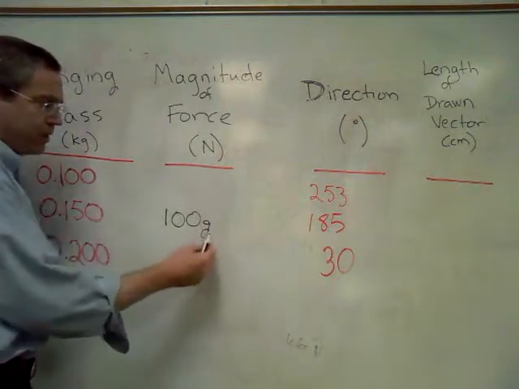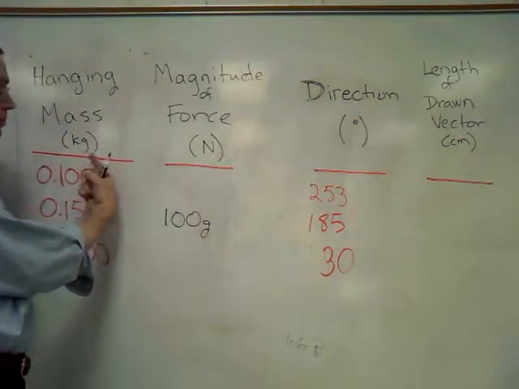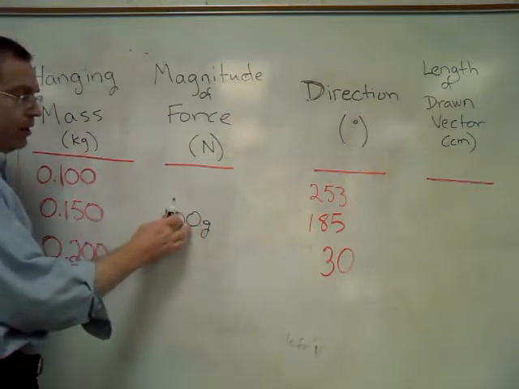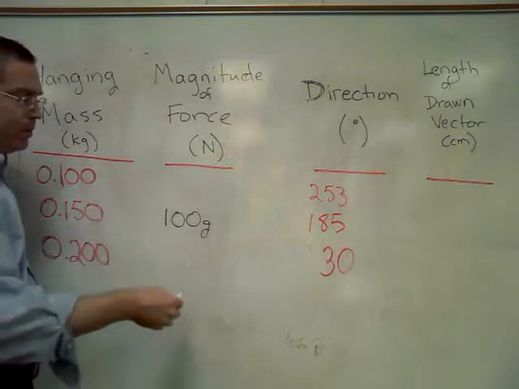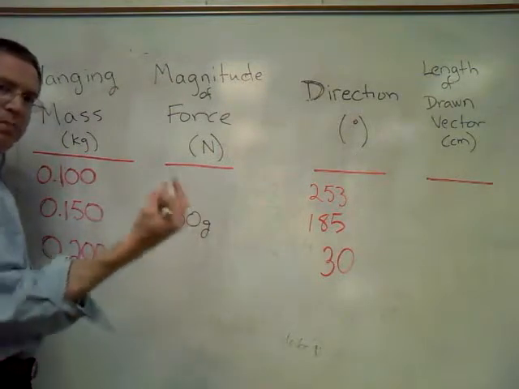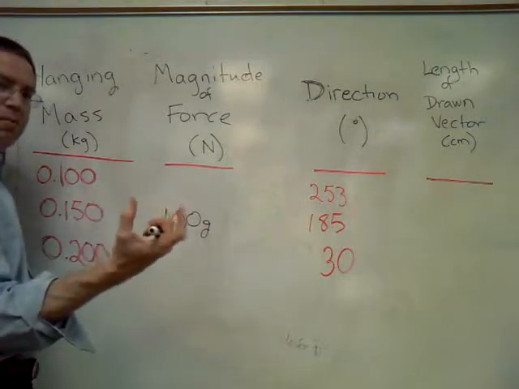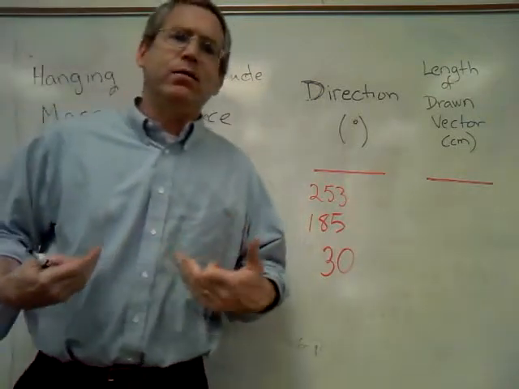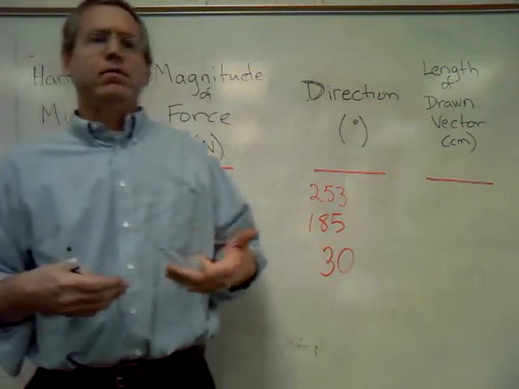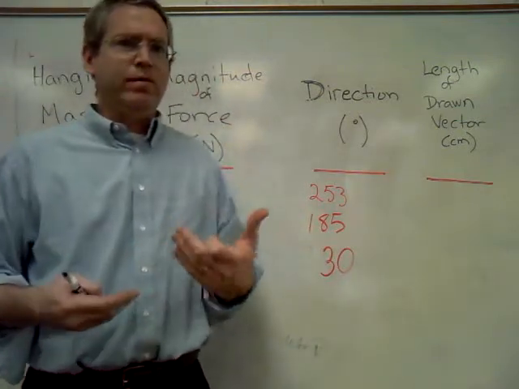If it's 100 grams and I want to put it into kilograms, then kilo means 1,000. And so 1,000 has 3 zeros, so I need to move it 3 places. Now, which way to move it? A gram is really tiny. A kilogram is relatively large. My mass is about 90 kilograms, actually at this point. It's probably about 95 kilograms, but I'm going to go with 90. I'm living in the past.